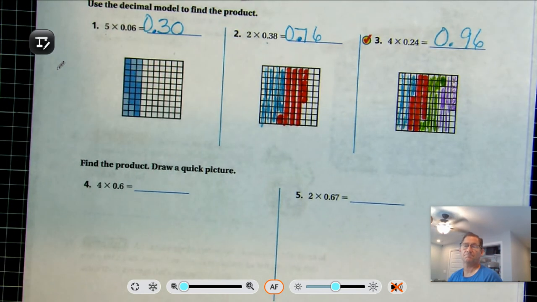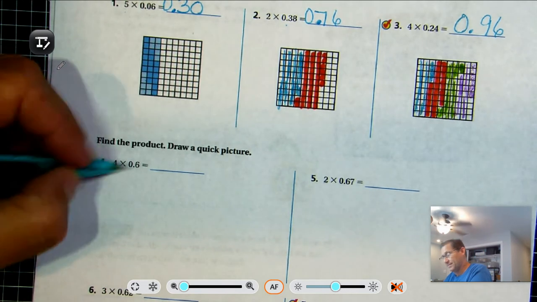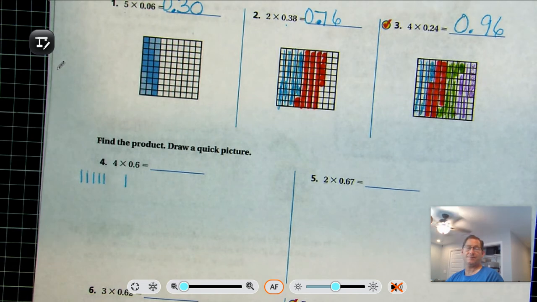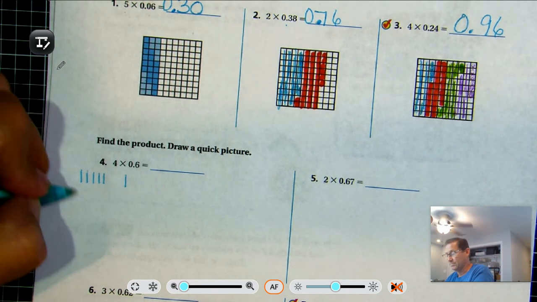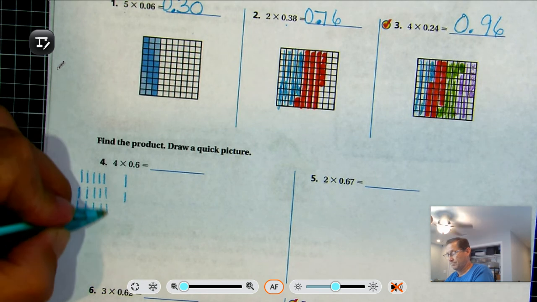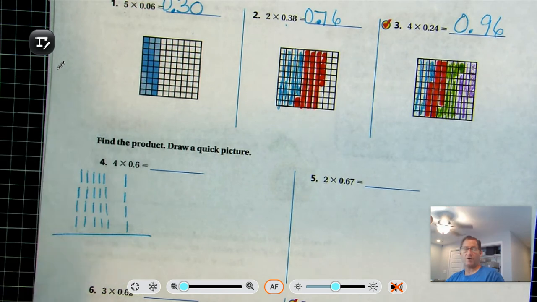Okay. Seems pretty easy. Now, find the product and draw a quick picture. So we have 4 groups of 6 tenths. 1, 2, 3, 4, 5, 6. And we have 4 sets of those. All right. So how many tenths do we have?